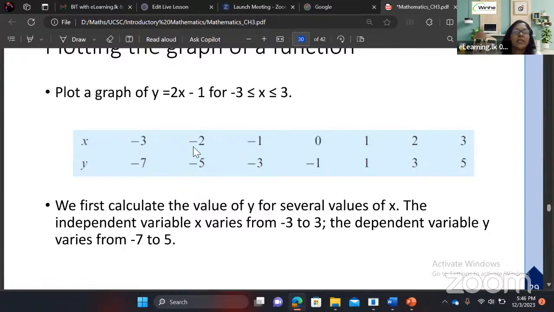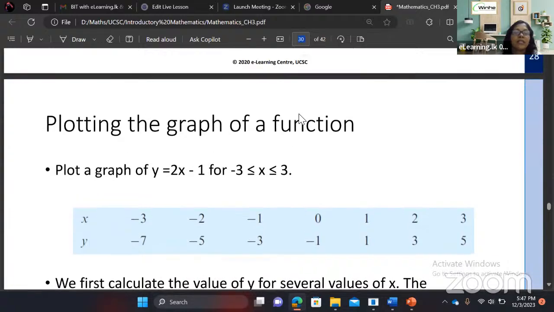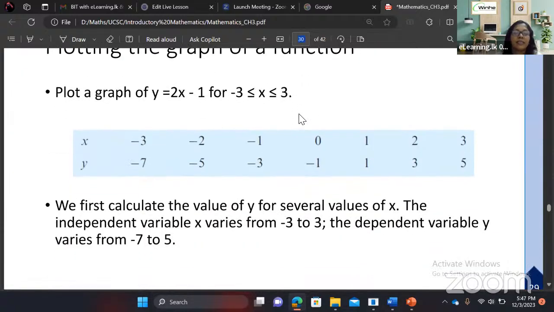When x is minus 1, y is minus 3. Likewise, when you know at least 2 points or 2 coordinates of any graph, then you can draw the graph. This is only for straight lines, right? Only for a graph with a straight line. Okay?